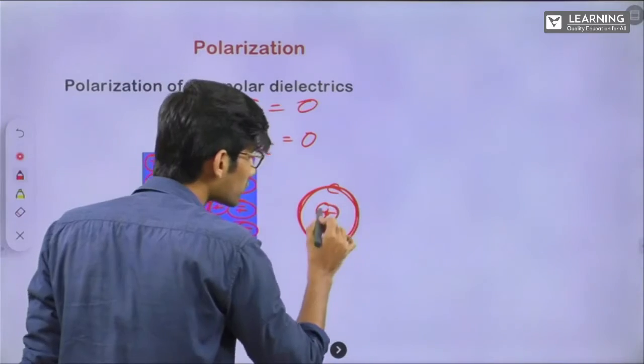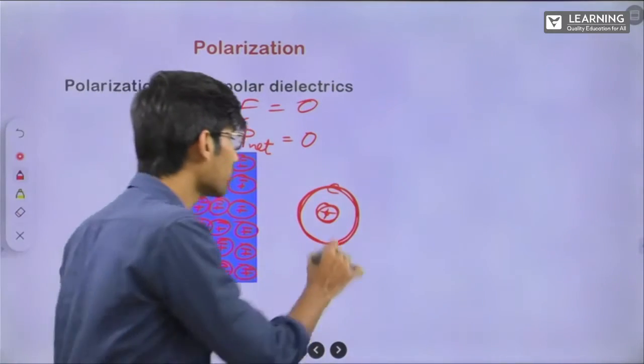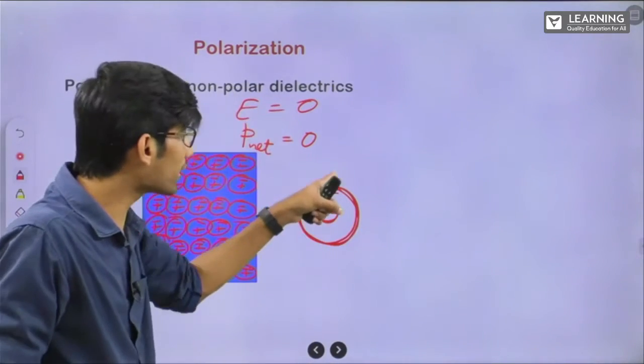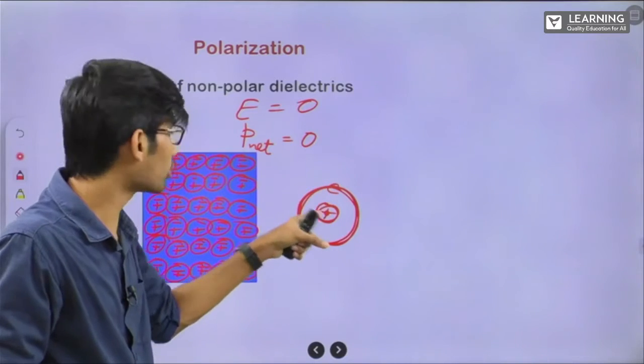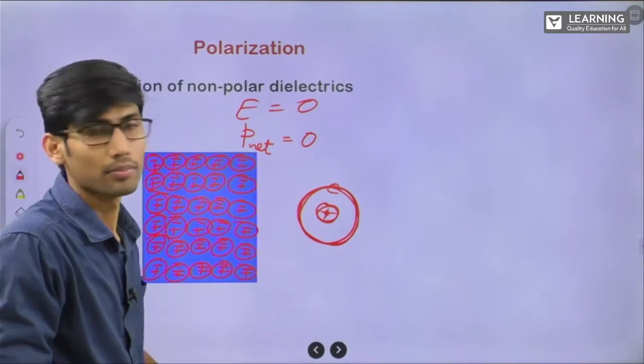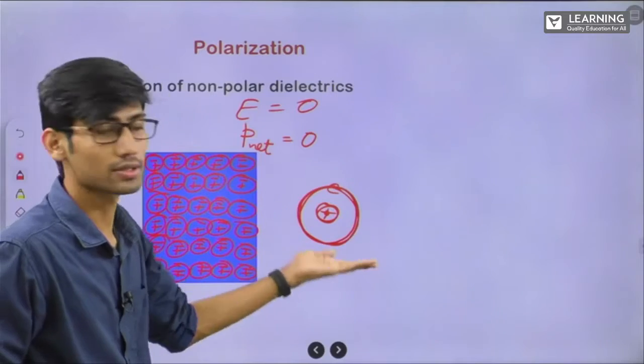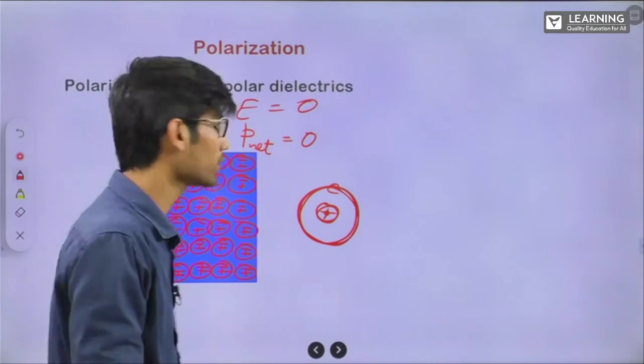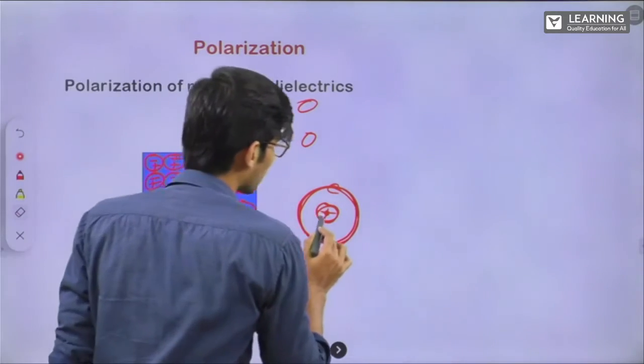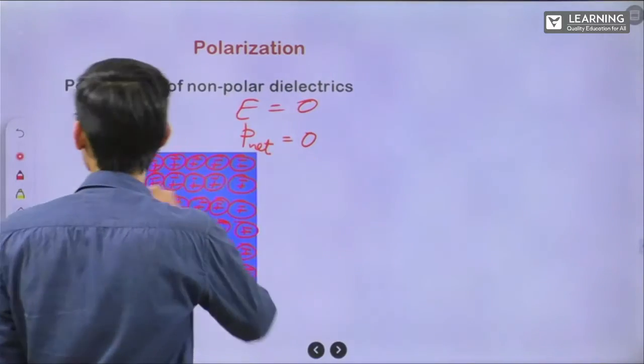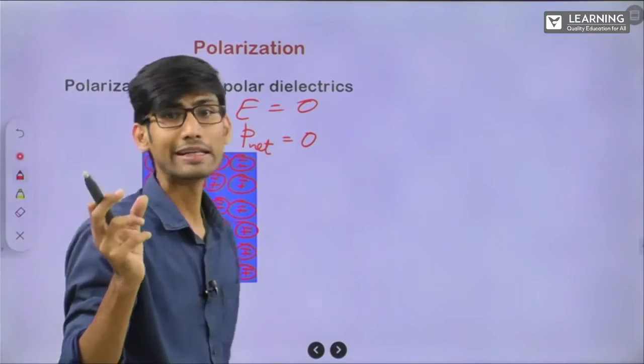And for the positive charge, which is already at the nucleus, the center will be here only. Since the centers of the electron and the proton coincide, the dipole moment of this will be zero. Clear? That is what coinciding of centers means.